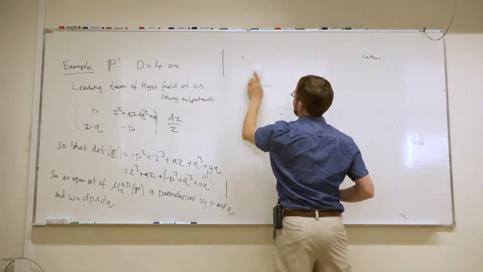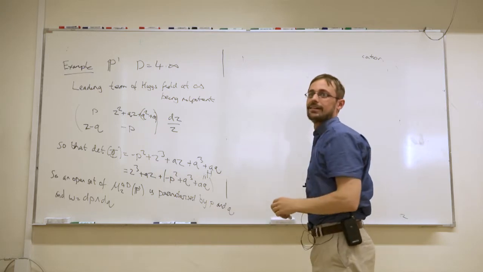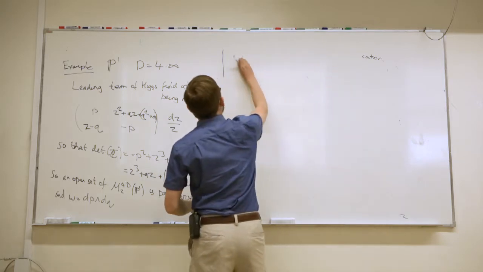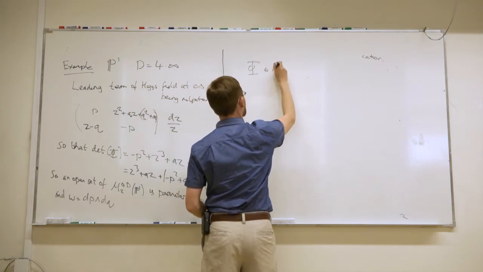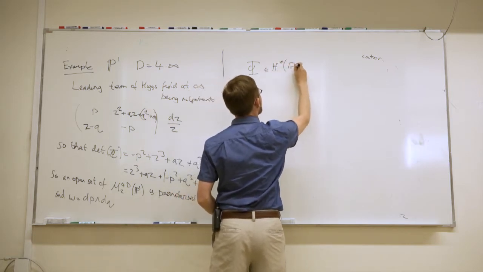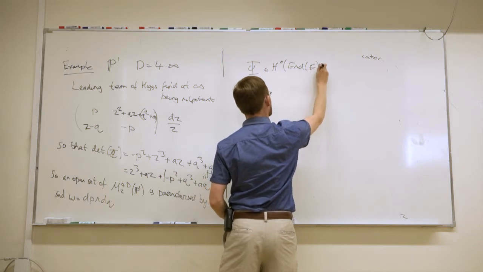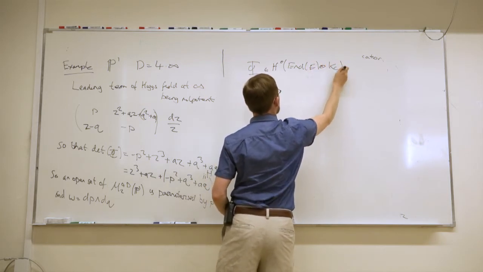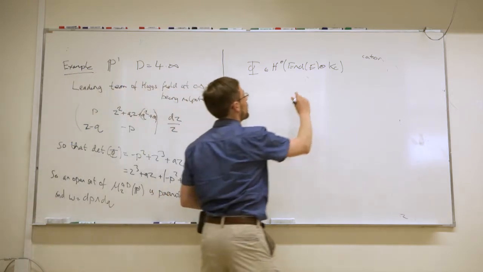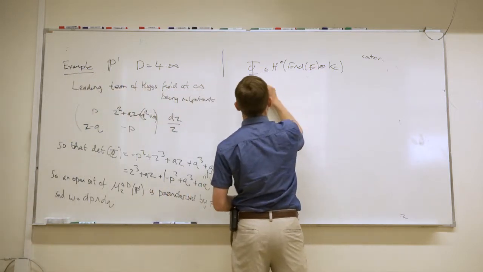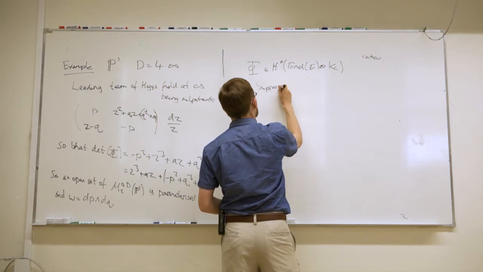So what's going on? I guess we have a Higgs field, which is a twisted endomorphism. And let's suppose E is trivial.